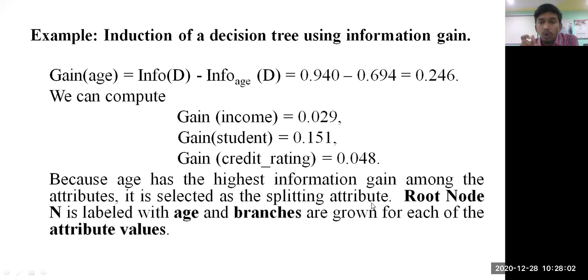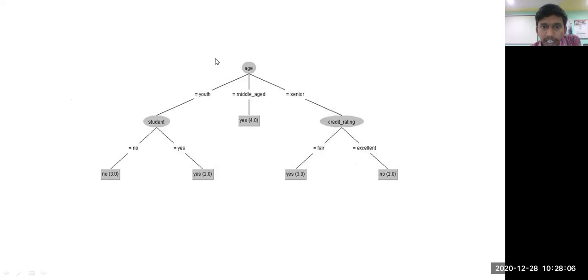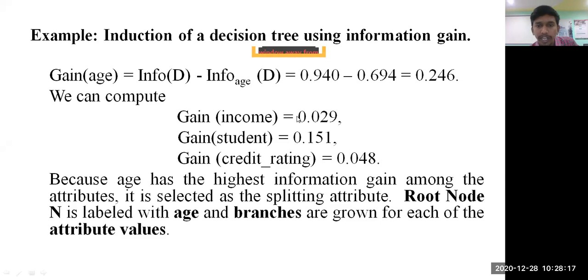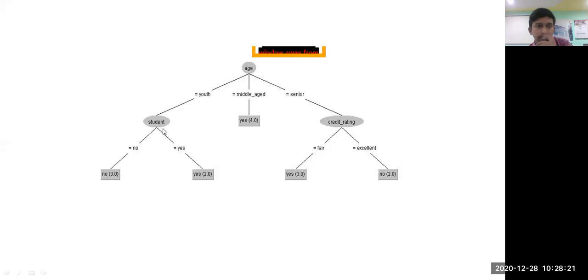That is, the root node is age here. You can see the decision tree constructed at the end of this algorithm: age is the root node, and the next highest value is obtained for student, that is 0.151. That's why student is considered as the next decision making node.